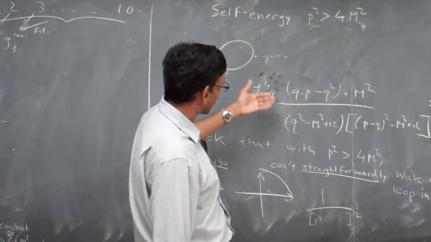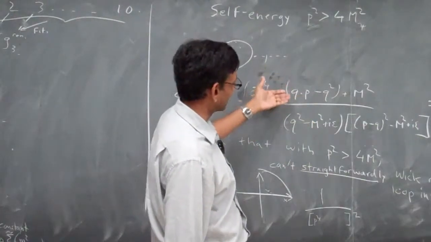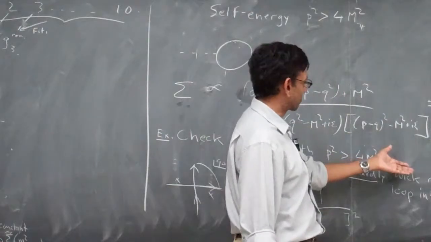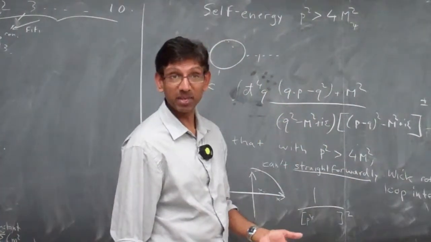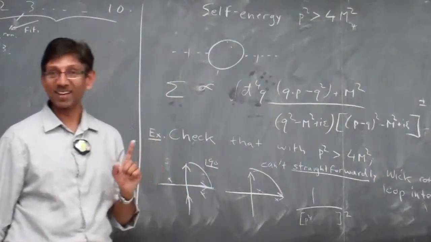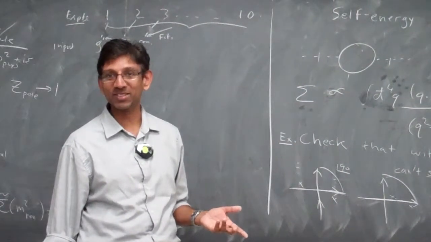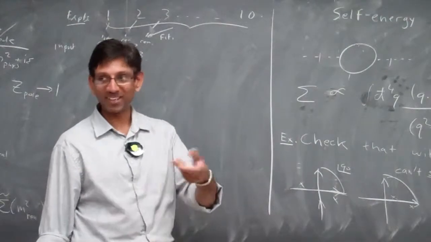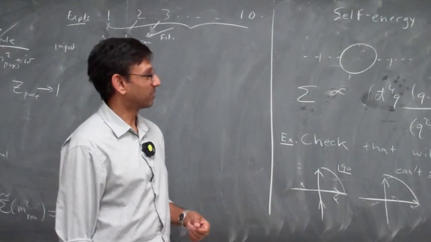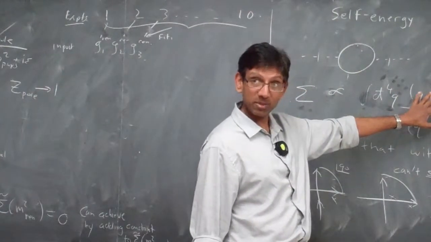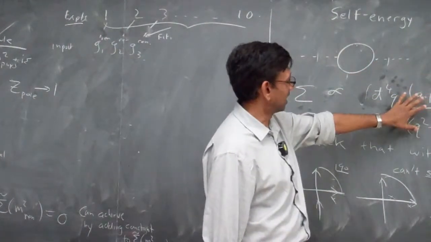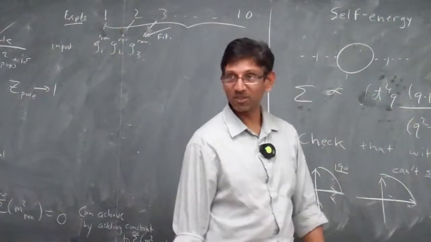And I can just inspect the integrand and say this is an analytic function of p. By doing this integral, I still have an analytic function of p, even though I haven't done the integral yet. If I'd done the integral, I wouldn't need to do all of this dancing. I would just write down the answer. So what we're doing is inspecting the form of the integral that remains to be done in that regime, and saying it's at least an analytic function of p.